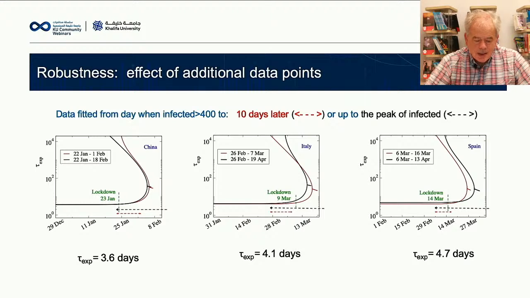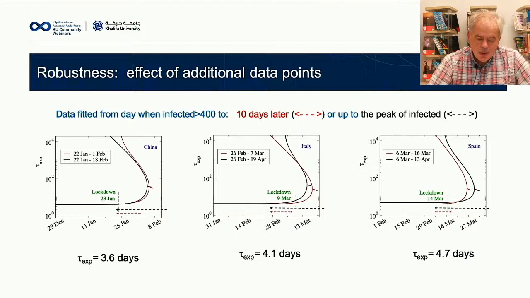And as you can see, the point in time where the explosive regime ends is pretty much robust. Not only that, but the explosive timescale for the greatest part of the explosive region in all three countries is pretty close. It's 3.6 days for China, 4.1 for Italy, 4.7 for Spain, and this is the case also for other countries we examined, so this must be something which characterizes this particular pandemic.